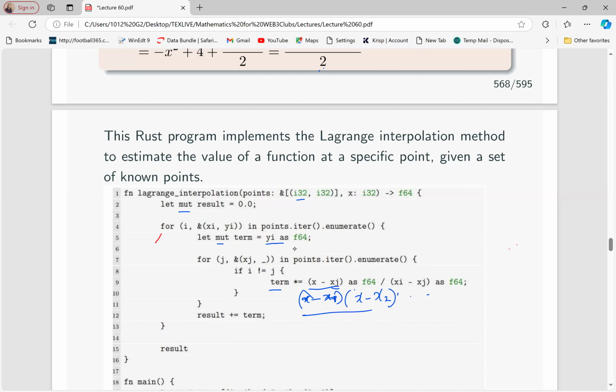Then it says over. Now the point you're considering, take its x value and subtract the other x values. If this was x naught, then we'll subtract x naught again minus x2, and so on. So that is what it's saying here.